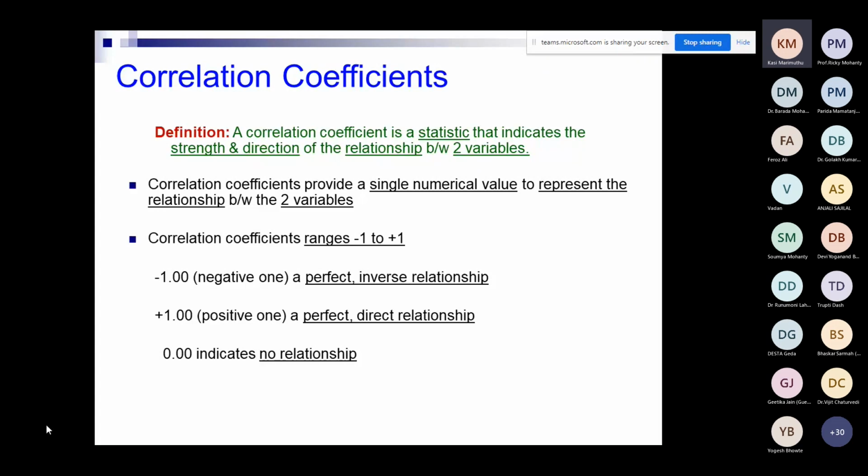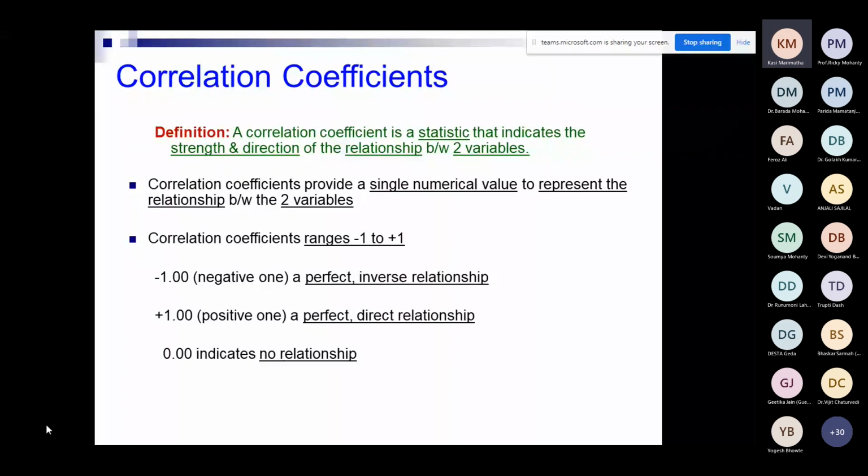The correlation coefficient ranges from -1 to +1. Suppose after analysis, if you get close to 1, you get a perfect direct relationship. We need to write perfect direct relationship, meaning both the variables are perfectly linearly related.